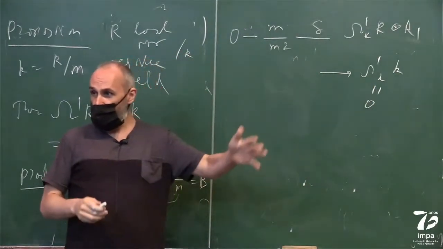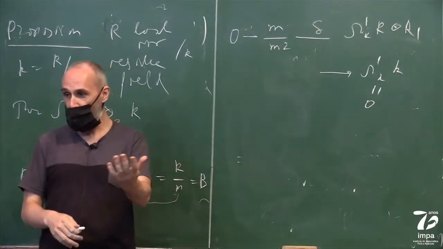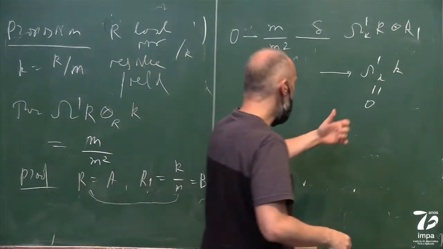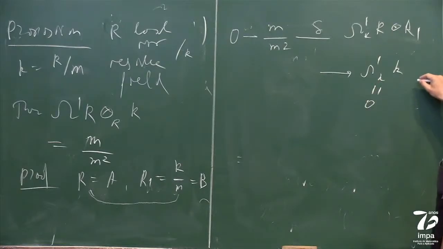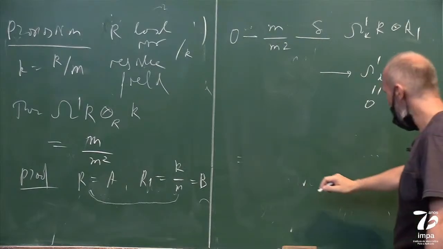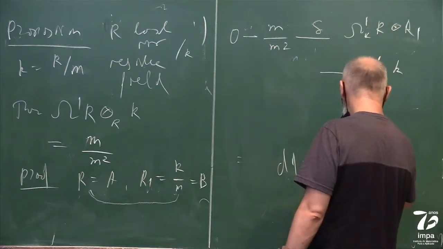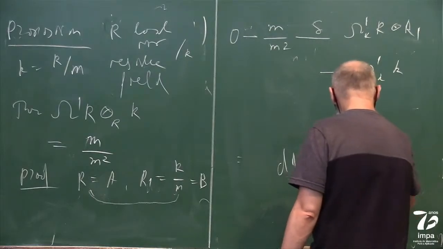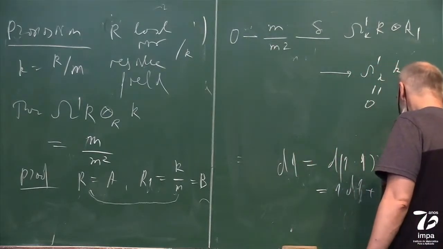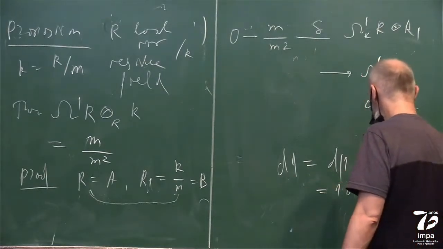If you have a field, the derivations over this field are 0 because delta of 1 is 0, and delta is K-linear. We are considering K-linear derivations. The same with differentials: d1 is equal to d of 1 times 1, which is 1 d1 plus 1 d1, so this d1 is 0.